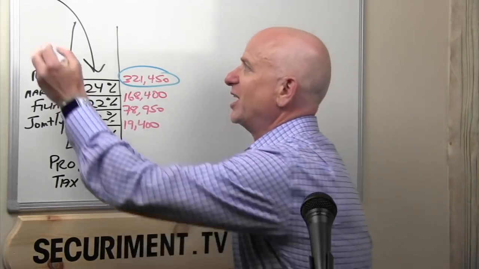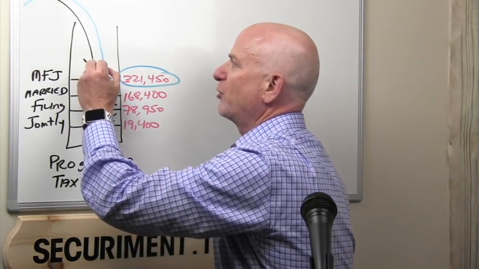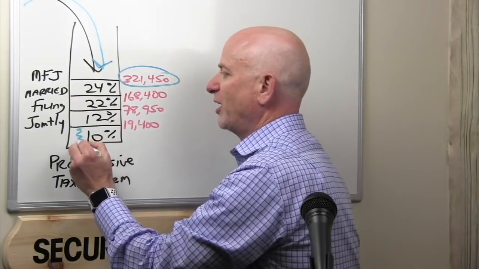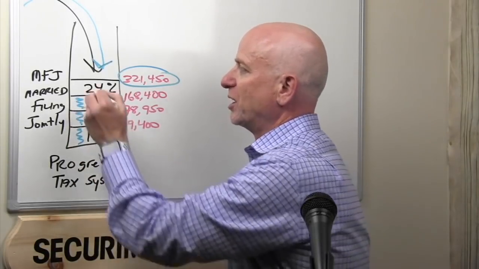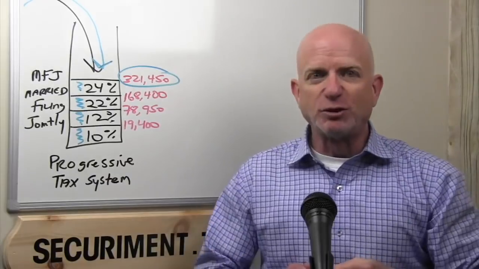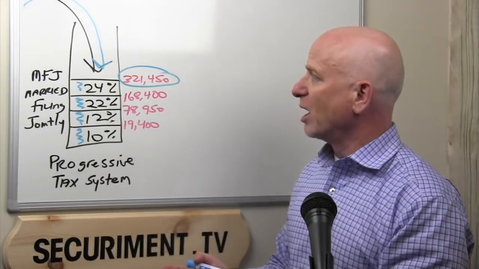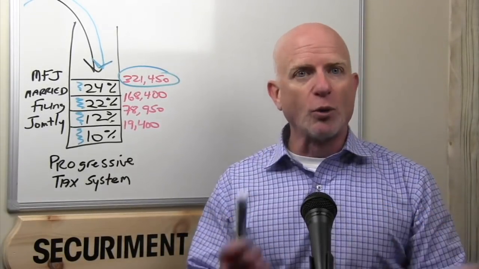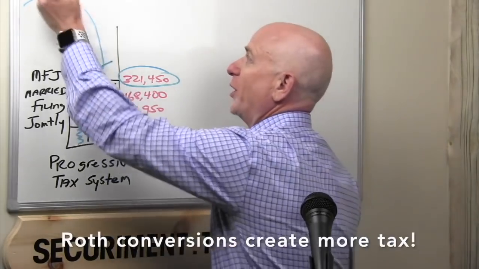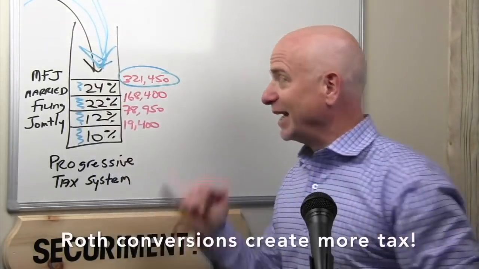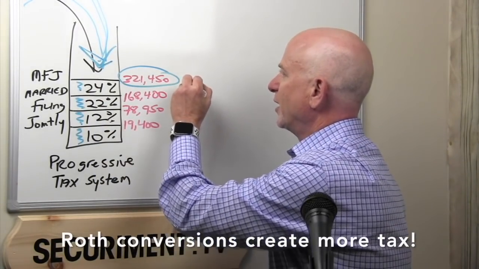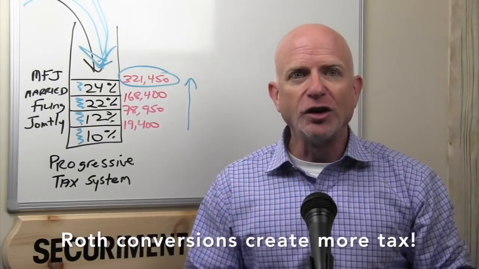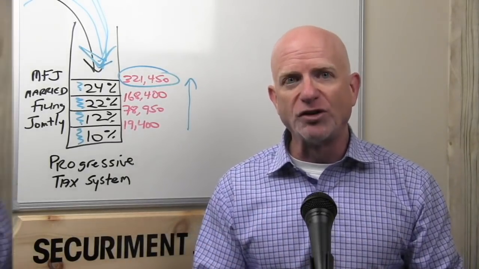As income comes into our picture, we pay some at 10, some at 12, some at 22, and some at 24. Now, this seems pretty straightforward. The problem is when we do a Roth conversion, we're throwing more income into this picture, and thus we are rising in the cylinder. This is how we end up paying more tax.